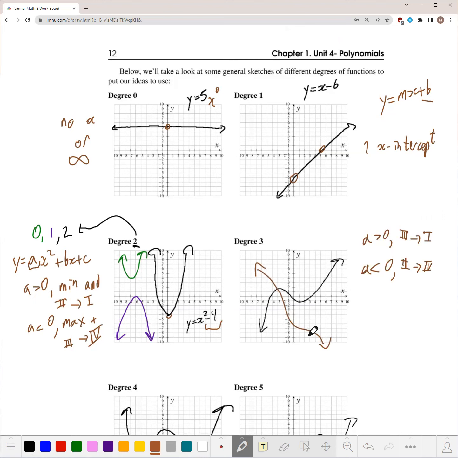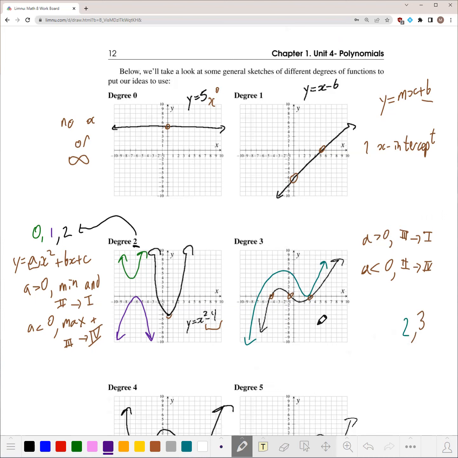So here's my graph. On this, my maximum number of intercepts is 3: I've got 1, 2, 3. For intercepts, I could have 3, but I could also have something like this where it crosses over, then just touches and goes. With these curves, this is still a cubic, so it could have 2.